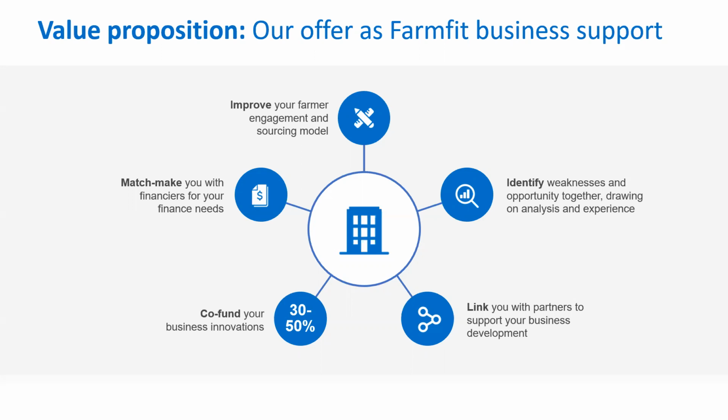And we also matchmake companies to meet their financial needs to further scale up by connecting them to financial institutions and banks or our own FarmFit fund. We will talk a little bit more about co-funding ratios within FarmFit in a moment, but that's generally around 30 to 50%.